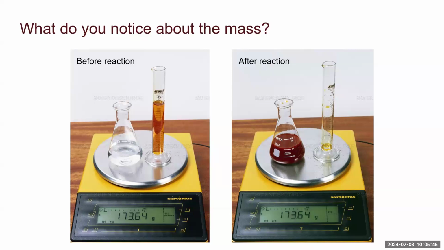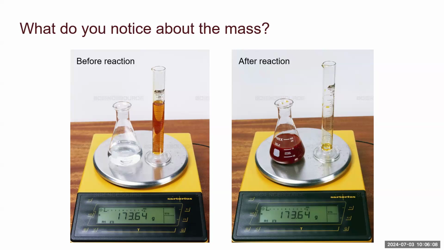Then we'll transfer the contents of the graduated cylinder to the Erlenmeyer flask. And oh, look, when the solutions are combined, they're darker than the solution in the graduated cylinder. That's what we're supposed to see. Can everyone see it's a little bit darker? So this is a reaction that's taking place.